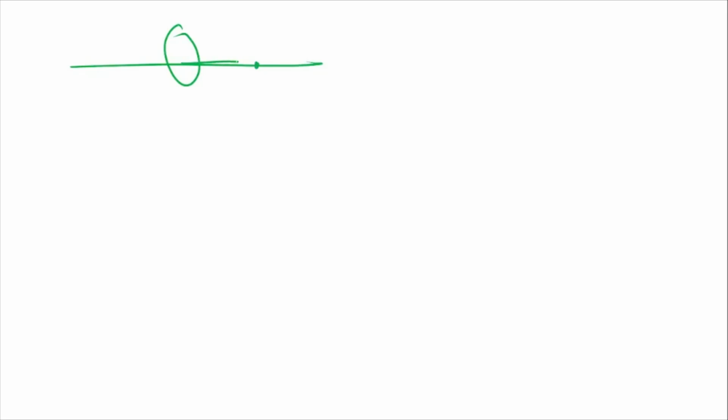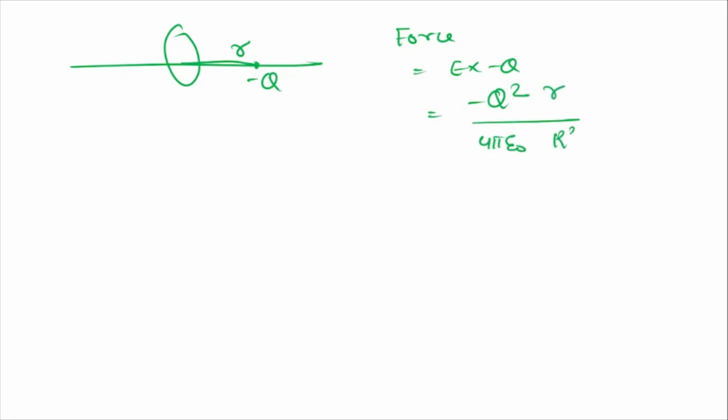Let this point be at distance r. So if I take a charge minus q, then force is equal to E into minus q, which equals minus q square r divided by 4 pi epsilon naught r square plus r square to the power 3 by 2.